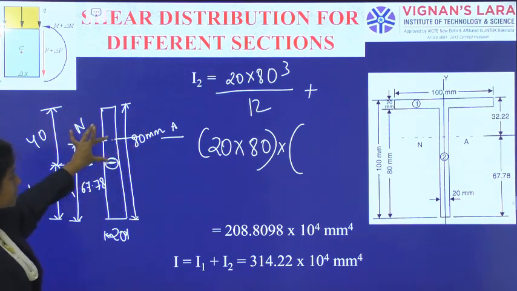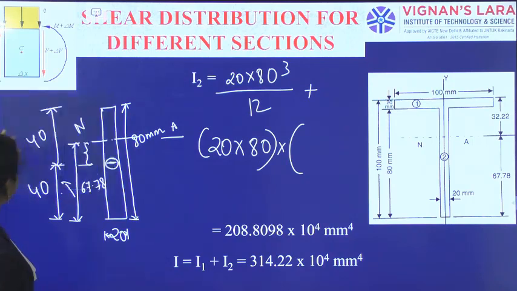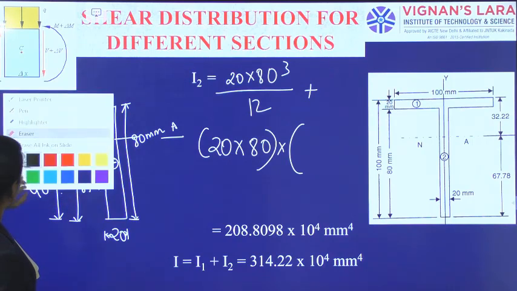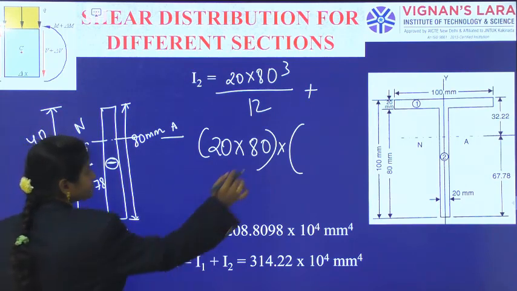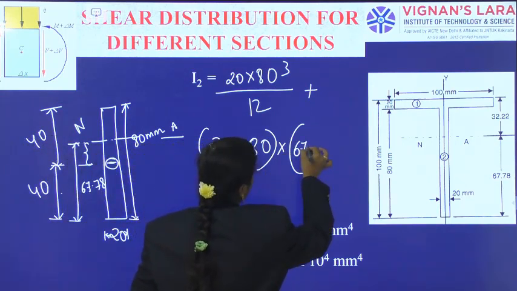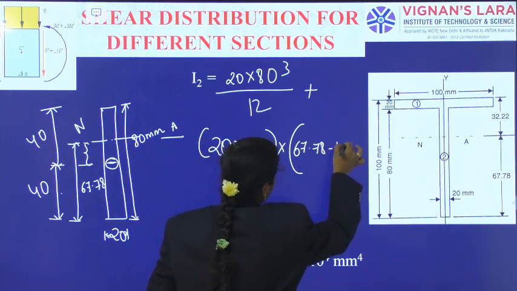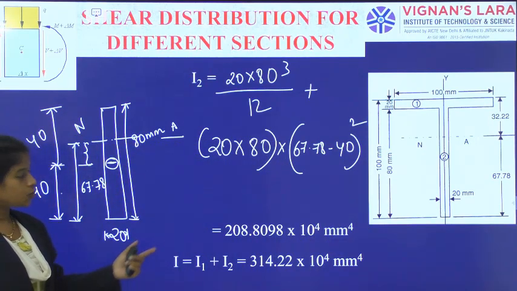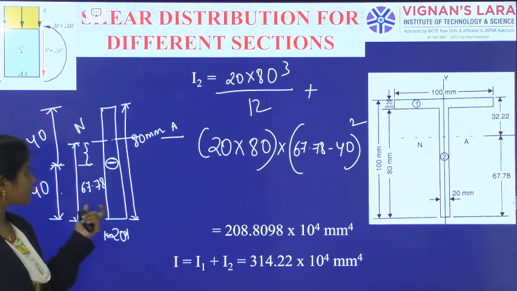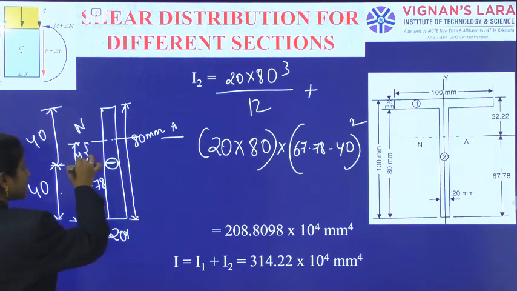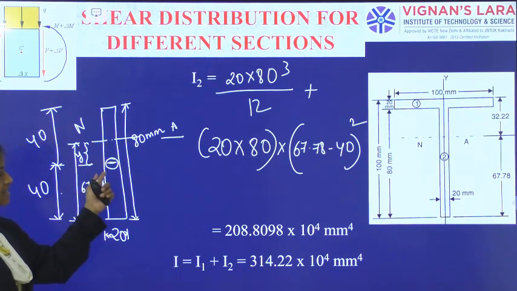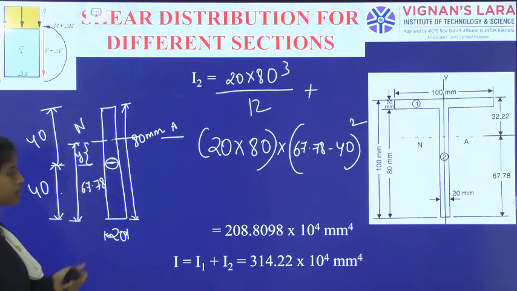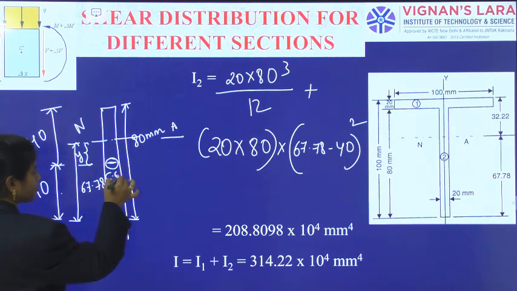The distance between these two is 67.78 minus 40. So B D cube by 12 plus A into y square. We have got the second segment's moment of inertia, where y is the distance between the neutral axis and the centroid of the section, the CG of the section.